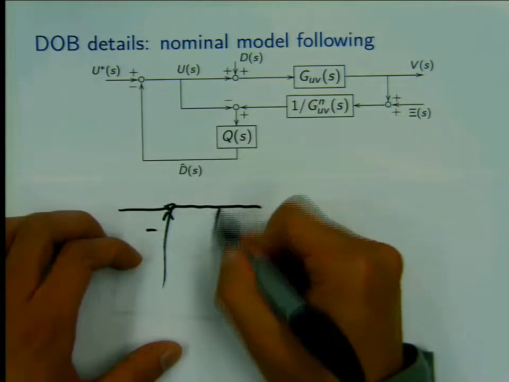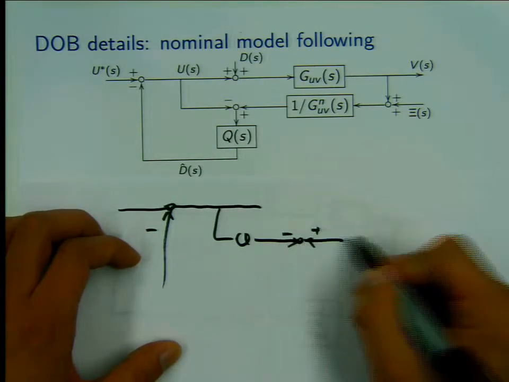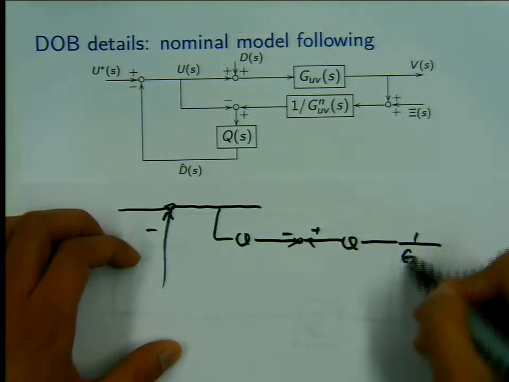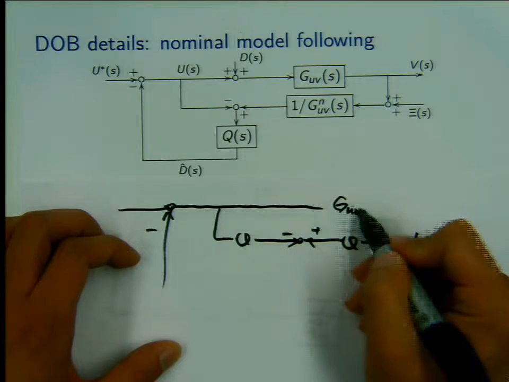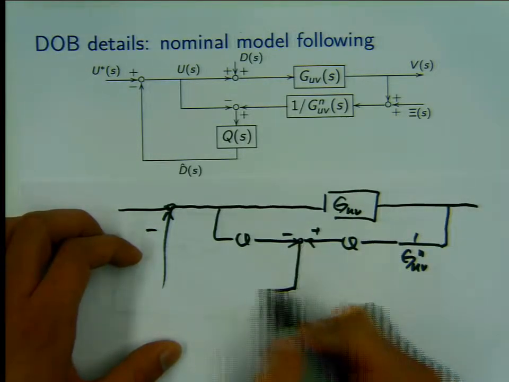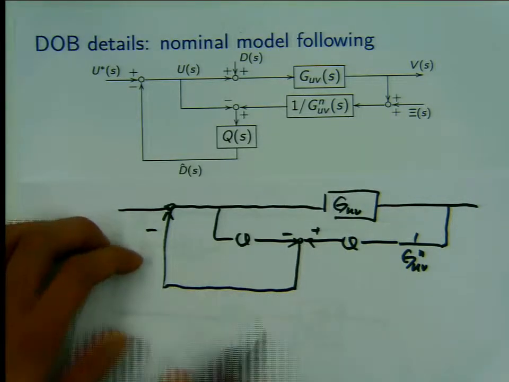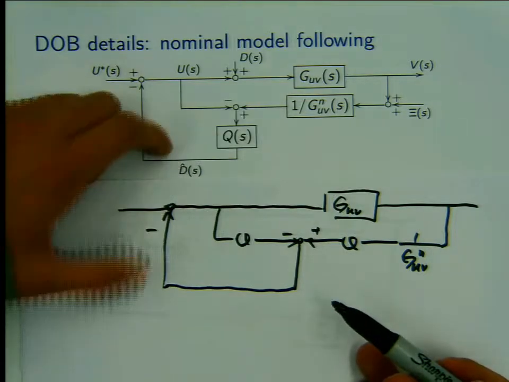So similar to last time, I'm doing this Q negative plus Q times 1 divided by G_UVN, G_UV. So this is the first step. Look at this Q going through these two branches.